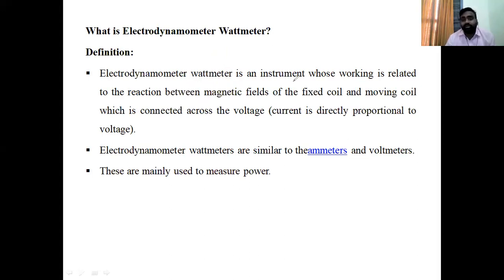That means the working of the electrodynamometer type wattmeter is quite related to magnetic field. How is this magnetic field created? That we have to see.